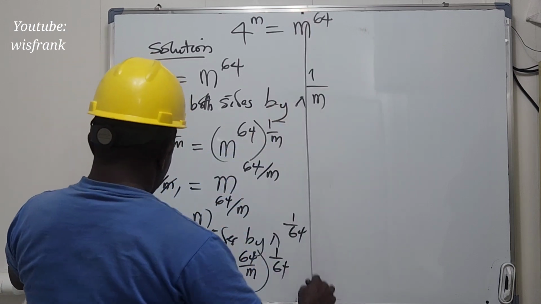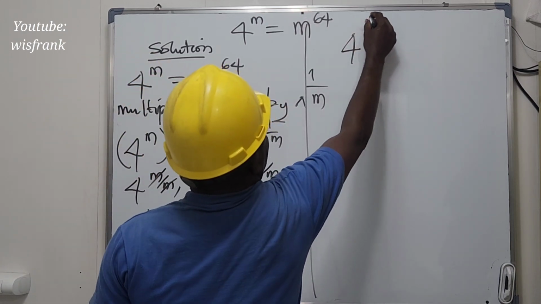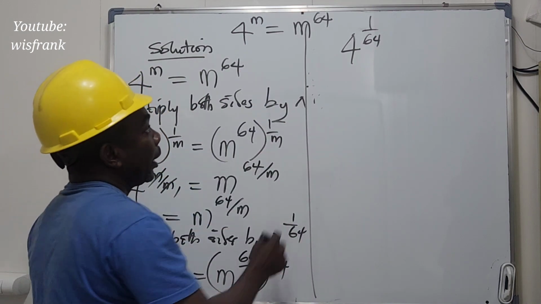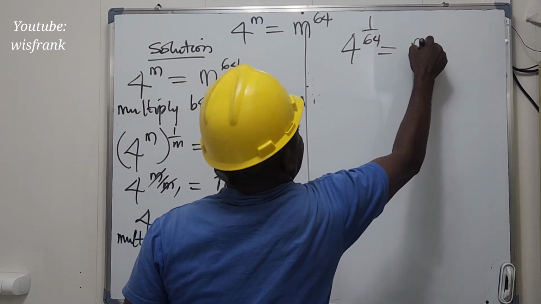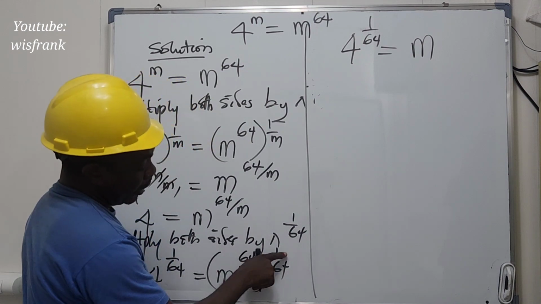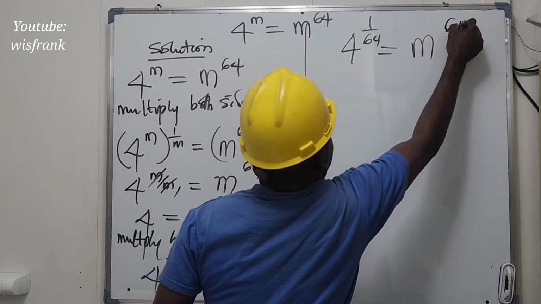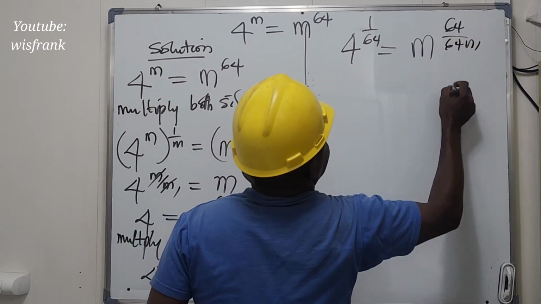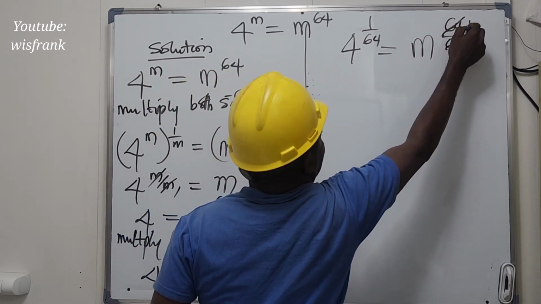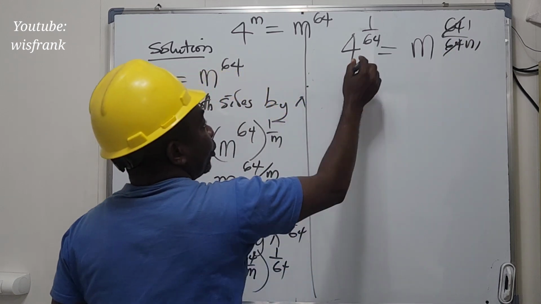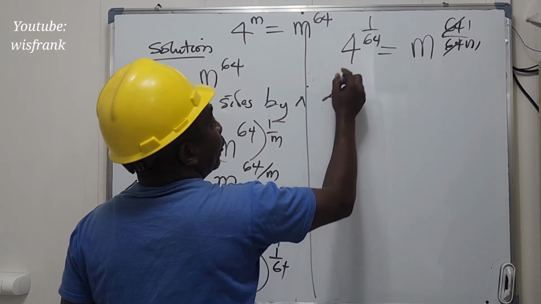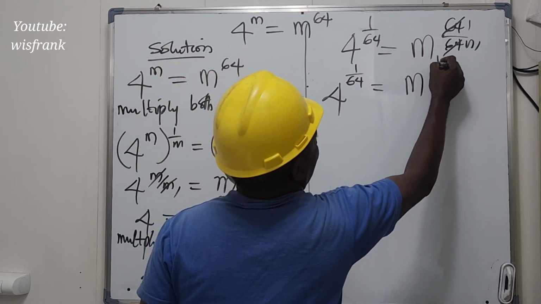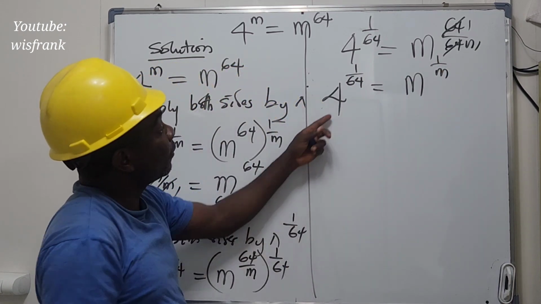So that will become 4 to the power of 1 over 64 for this other side equals m to the power of 64 times 1, it becomes 64, all over 64m. So in this case, 64 will cancel here and 64 will cancel there. So we are now left with 4 to the power of 1 over 64 equals m to the power of 1 over m. So this is what we have.